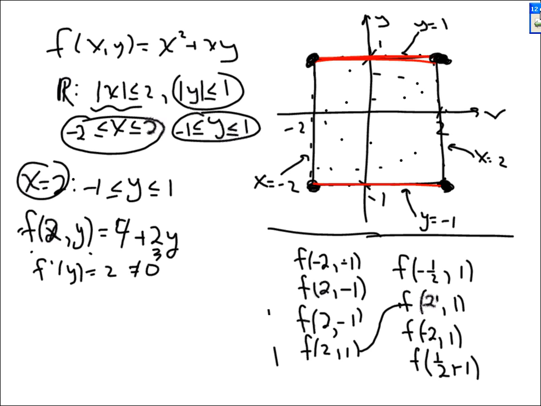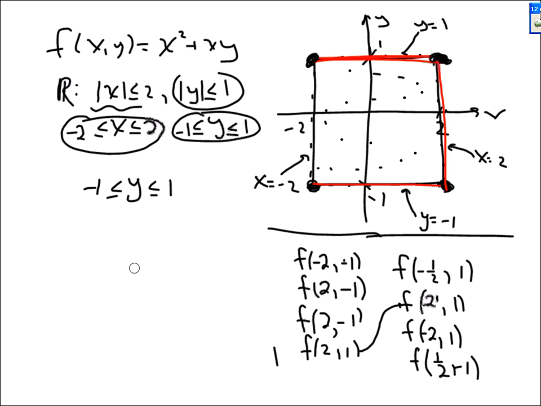So now x was 2. That was this line. Now we need to look to see what happens when x is negative 2. Now, x is negative 2, and y goes between negative 1 and 1.